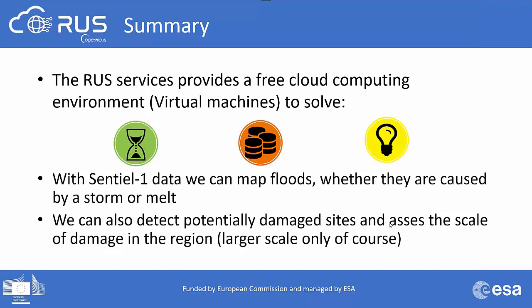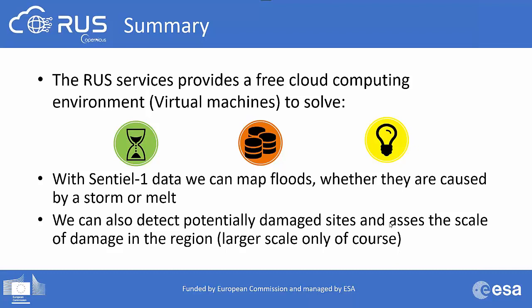So you can access the RUS EO help desk, the webinars, which are open to all. So the webinars can be attended and watched, of course, by everybody, and they can be repeated also on your local computers. The next takeaway would be that Sentinel-1 can map floodings.